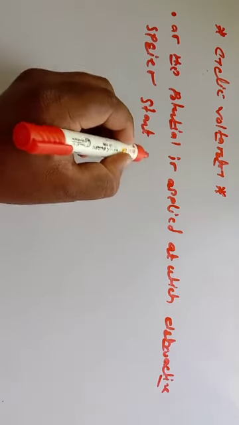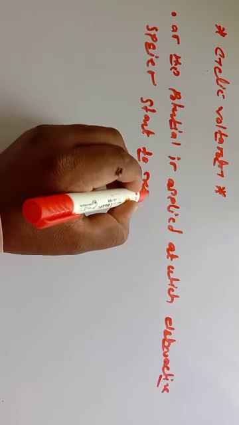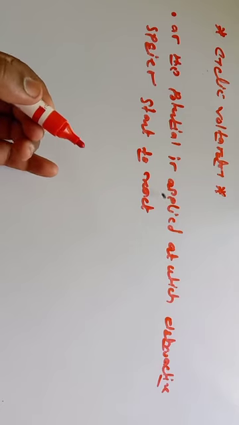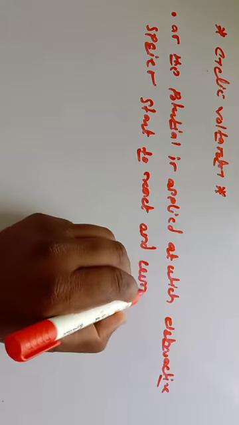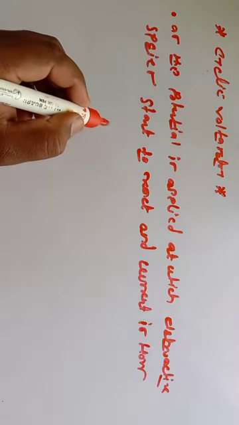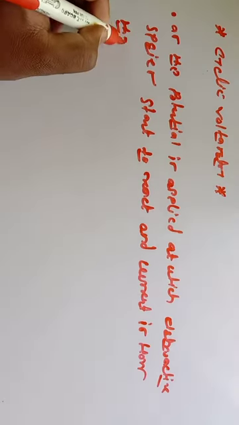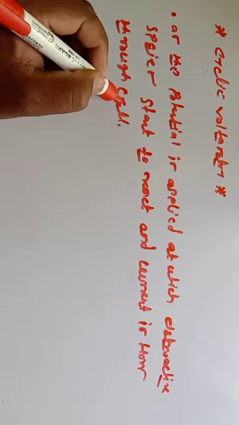They either undergo oxidation or reduction, and a current flows through the cell.